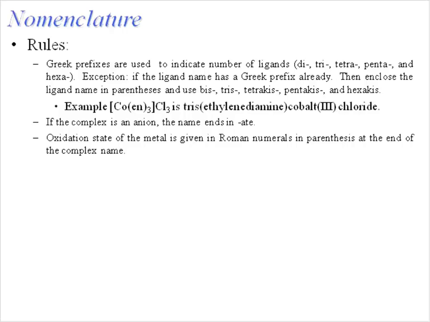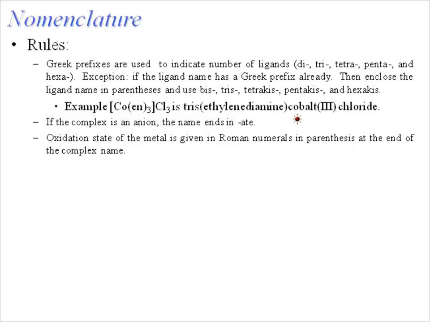What we do is, I think example is best. Say for example, this ligand is called ethylene diamine, di. So there's a use of di, tri type of thing. Now we won't put tri and say triethylene diamine.